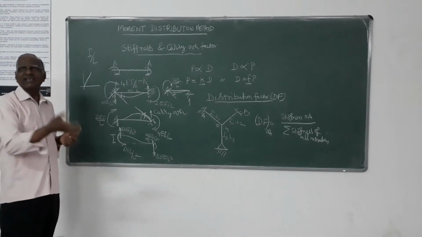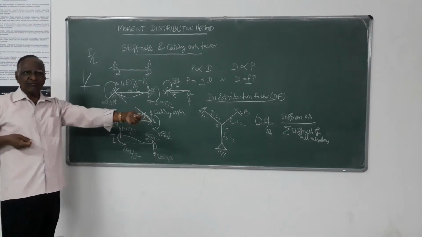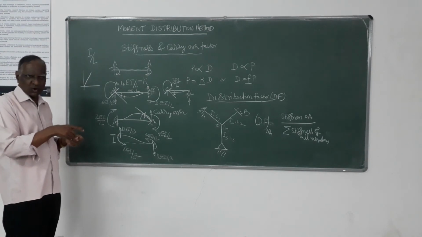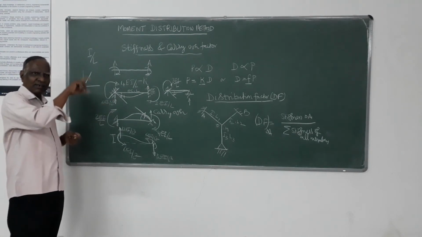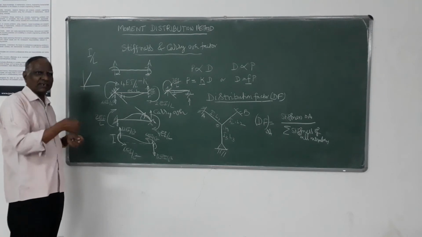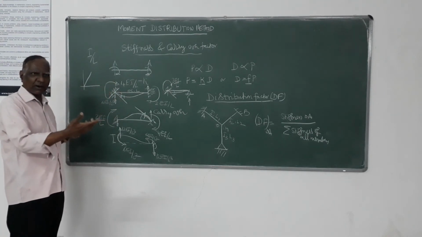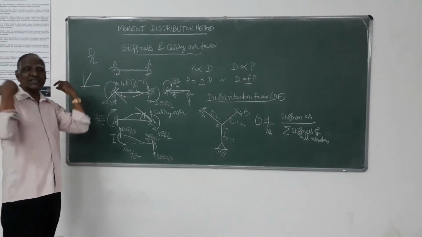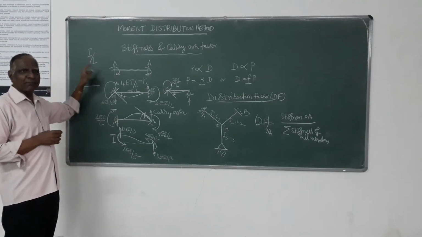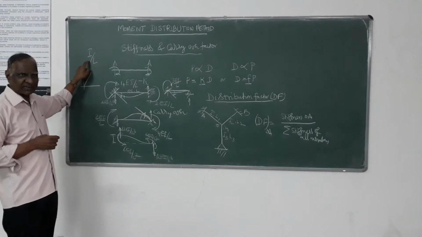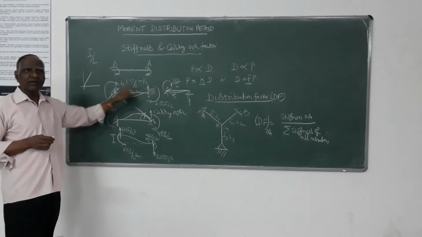That we call the stiffness. Because for any member you take, the geometrical property is known. That is the cross-sectional dimension, so E is known, and length is also a known geometric property, so you can straight away take the stiffness as I by L. That's called relative stiffness when both ends are fixed.